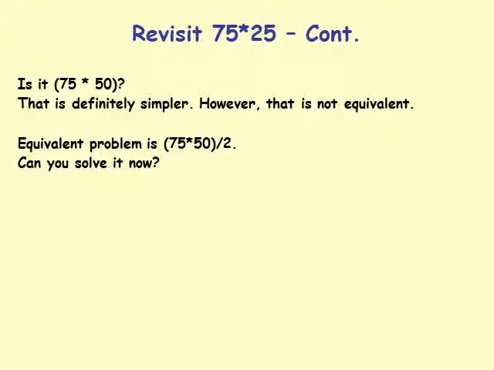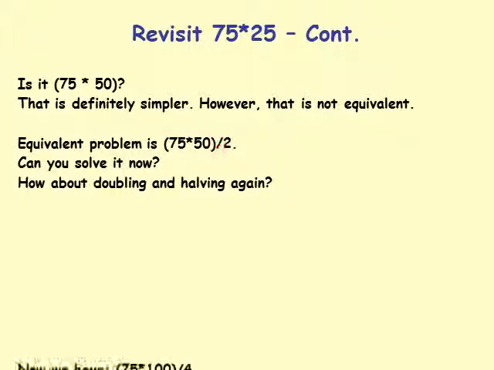Can you solve it now? It sure is easier to do than before. Okay, let's go ahead and solve it if you can. Okay, how about doubling it again? If you double that again, 50 becomes 100 and by doubling the denominator, that becomes 4. So the problem becomes 75 times 100 divided by 4.